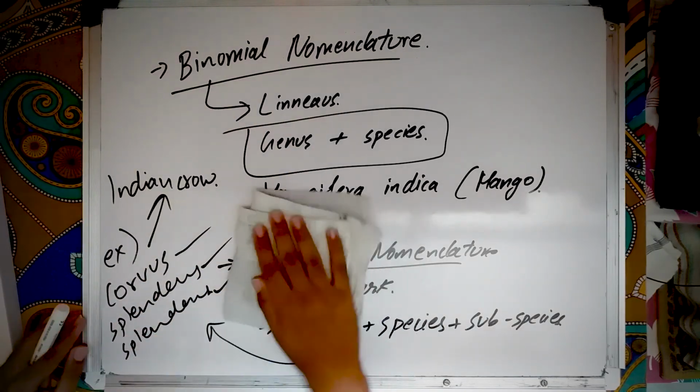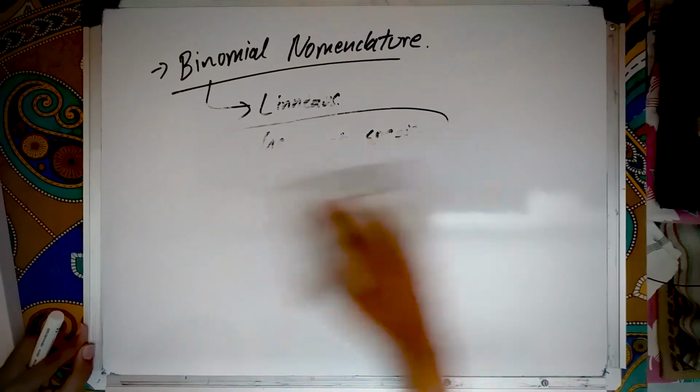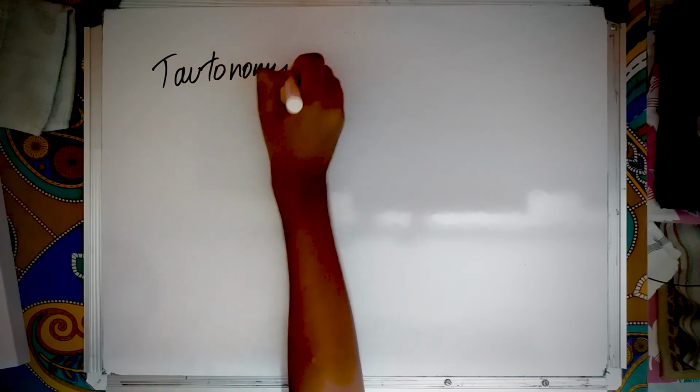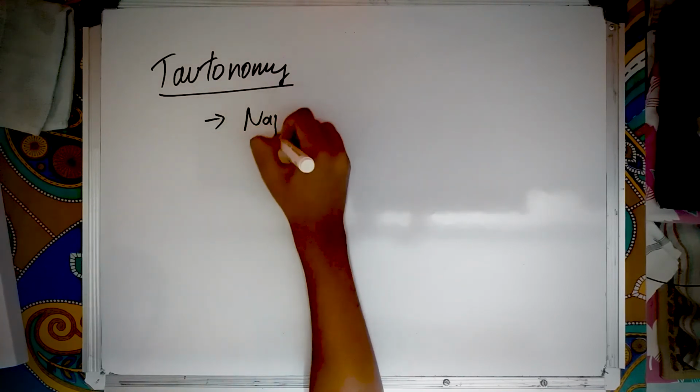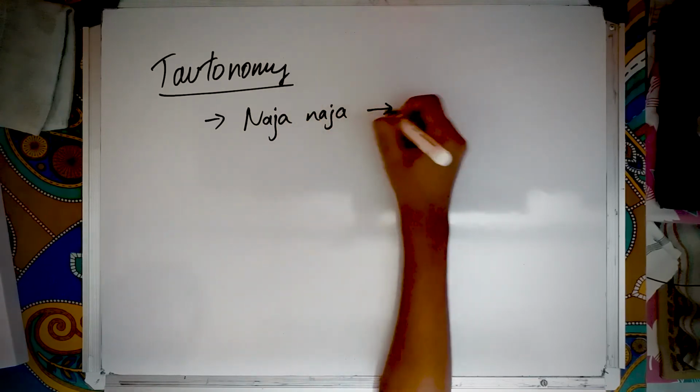Seeing this, it reminds me of tautonomy. So what is tautonomy? When the genus name and the species name are the same, for example, Naja naja, it's the cobra.